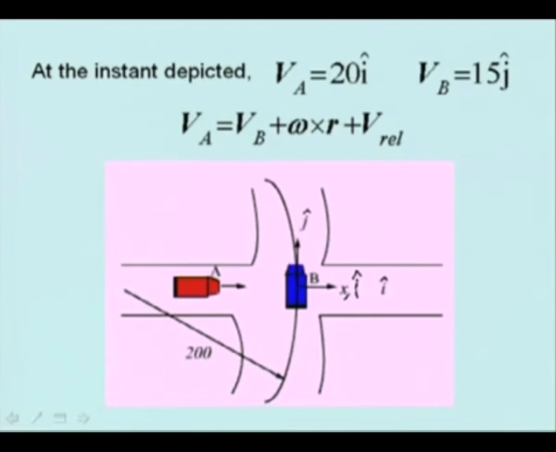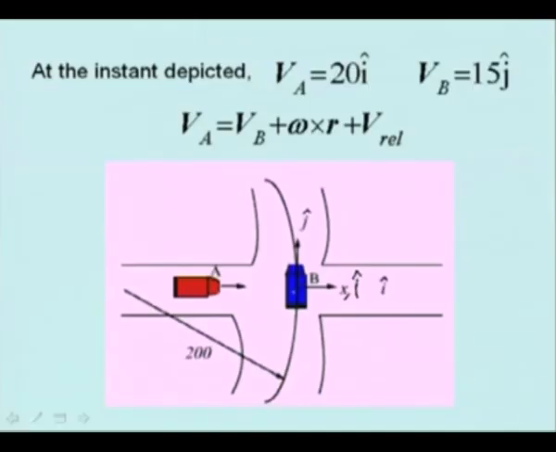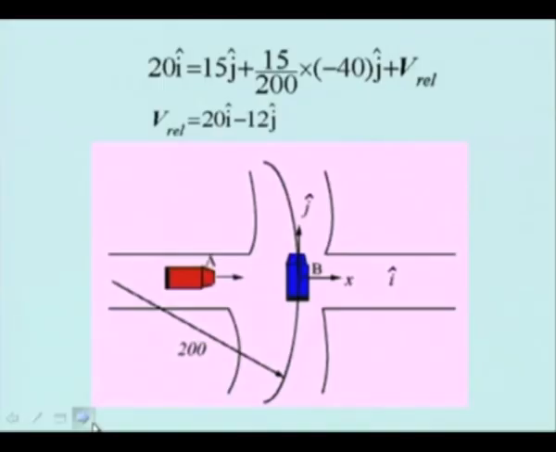Therefore, velocity of A is given by velocity of B, which is the velocity of the origin of the reference frame, that is same as the velocity of the car, plus omega cross R plus V rel, which is the velocity as seen in the moving reference frame, or as seen by the driver in car B. Putting the values, VA is equal to 20i is equal to 15j plus 15 by 200, which is omega, cross minus 40j, because minus 40j is the R, plus V rel.